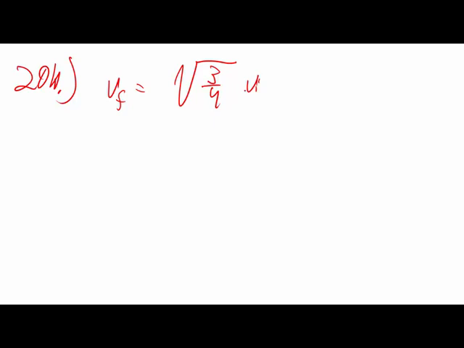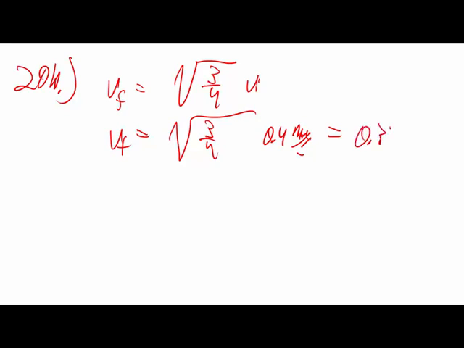So we get the square root of 3/4 times the initial velocity, and so the final velocity is equal to the square root of 3/4 times 0.4 meters per second. And you get an answer of 0.346 meters per second, or 34.6 centimeters per second.